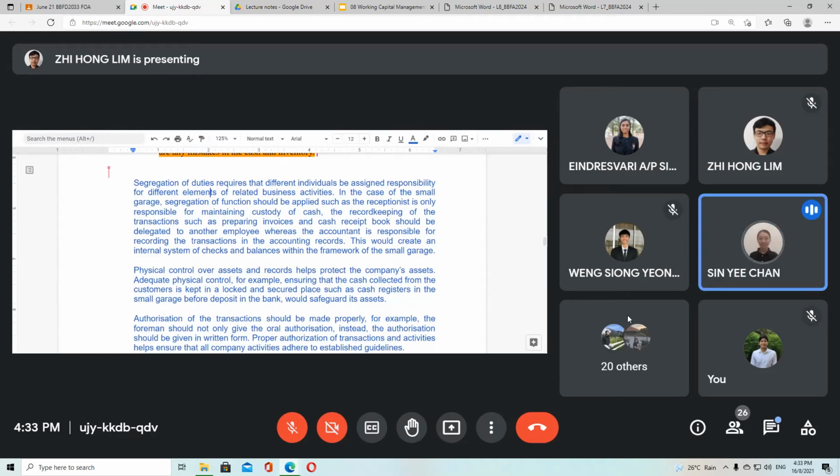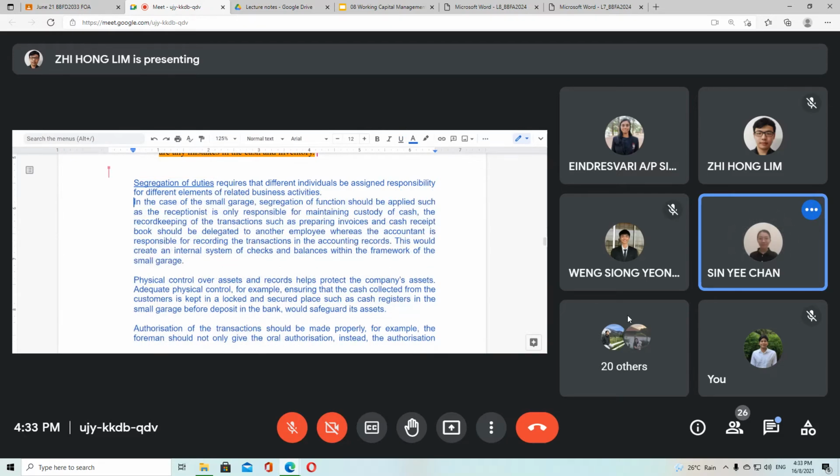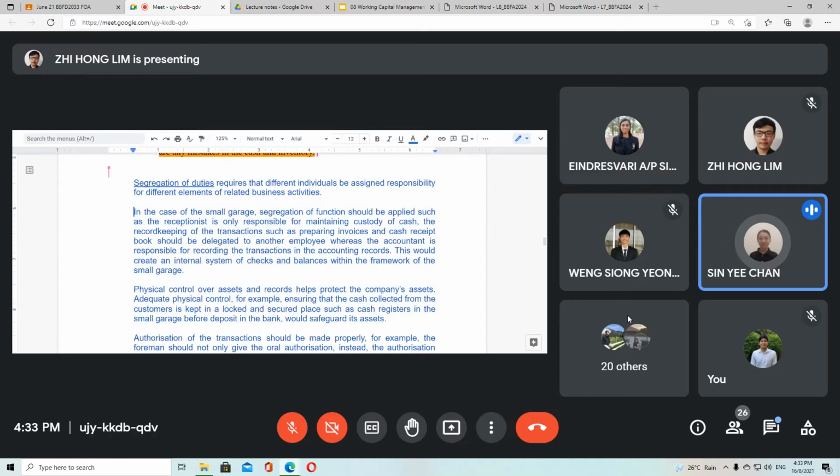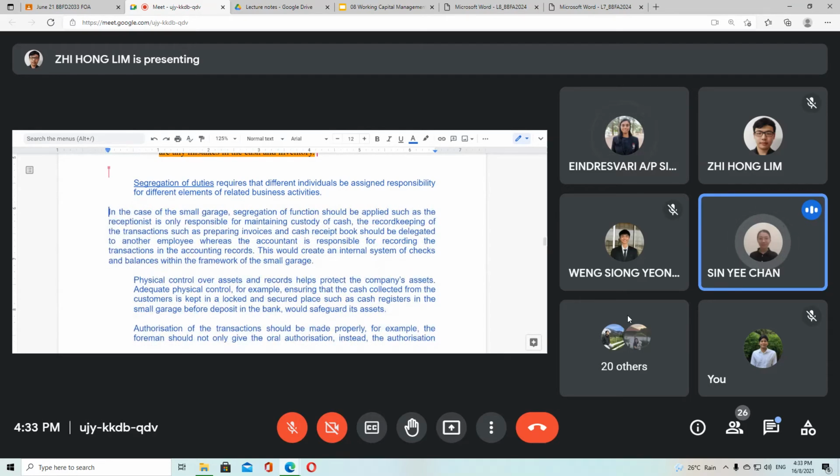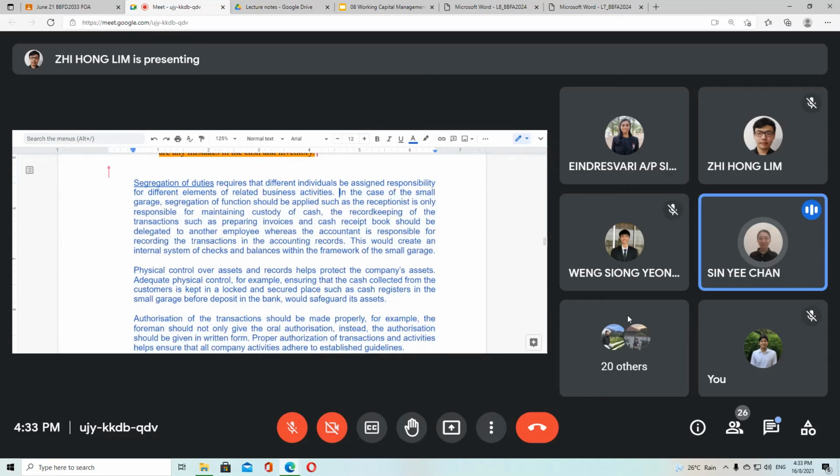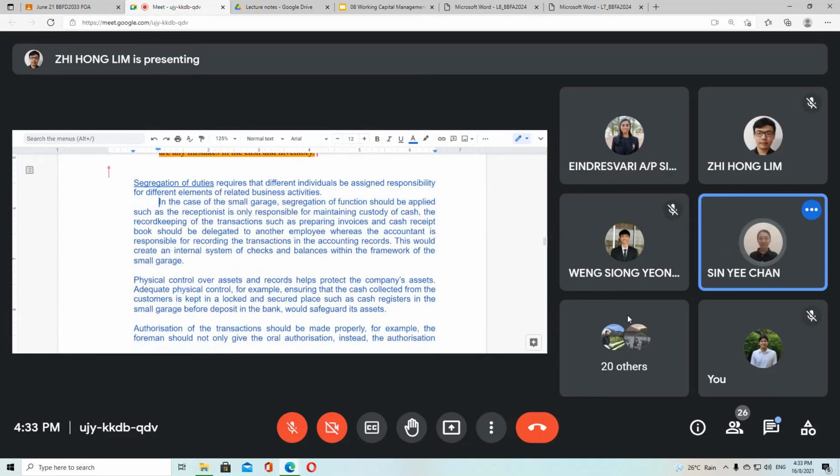Segregation of duty requires that different individuals be assigned responsibility for different elements of related business activity. In the case of the small garage, segregation of functions should be applied. For example, the receptionist is responsible for maintaining custody of cash.